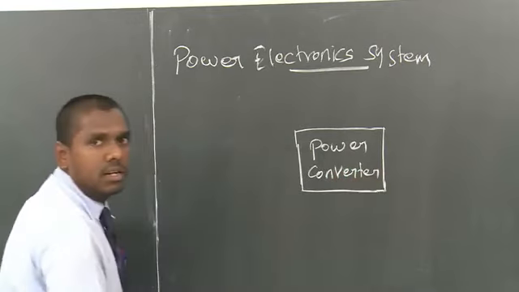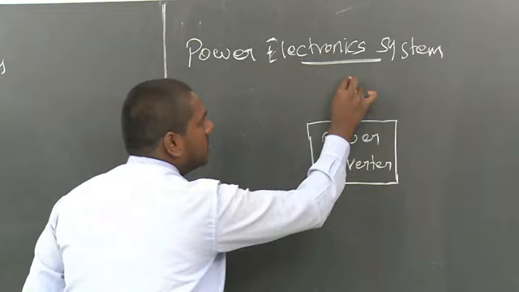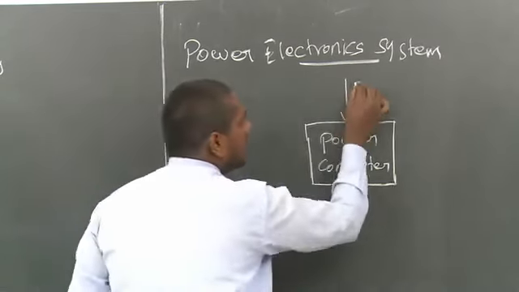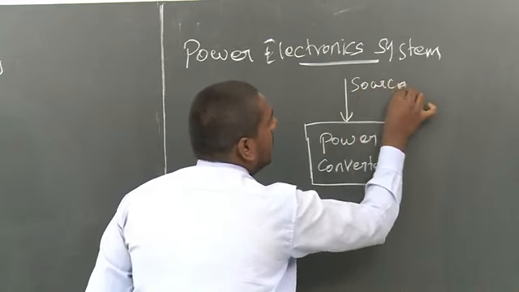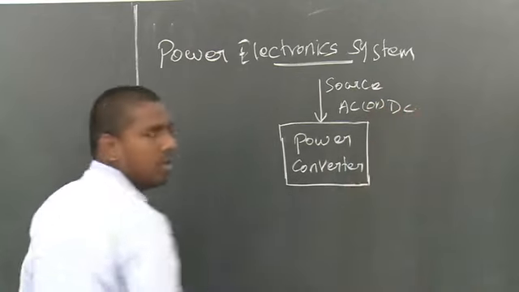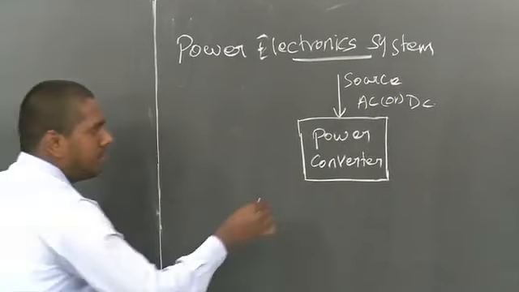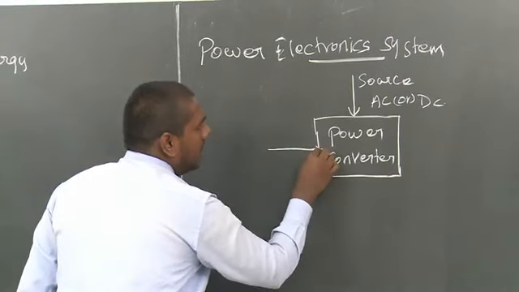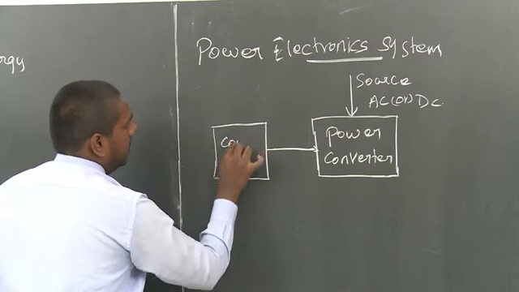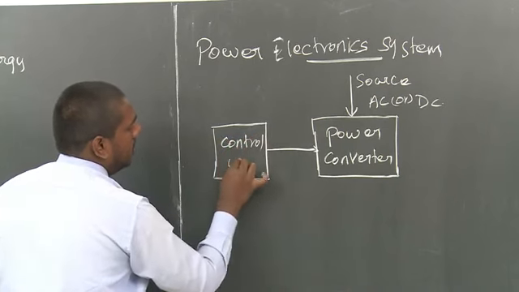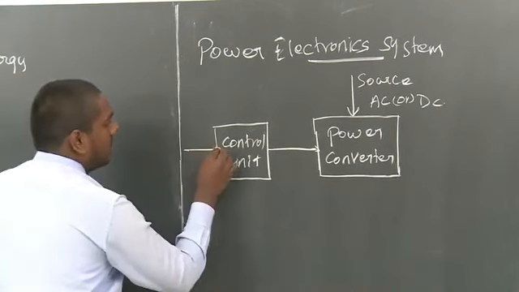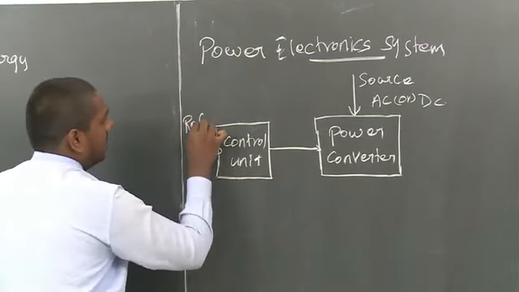This power converter is operated using a source, meant as an electrical source. The electrical source is normally AC or DC. The power converter is controlled by the control unit. The input to the control unit is a reference signal.